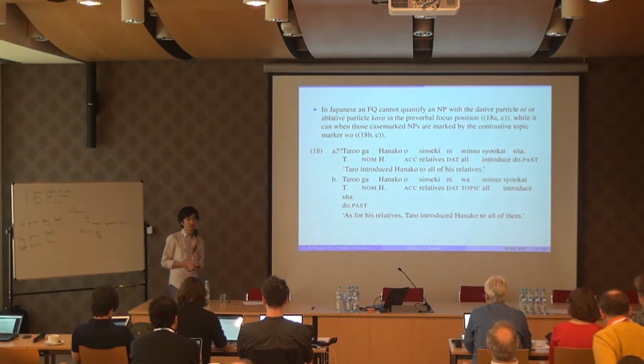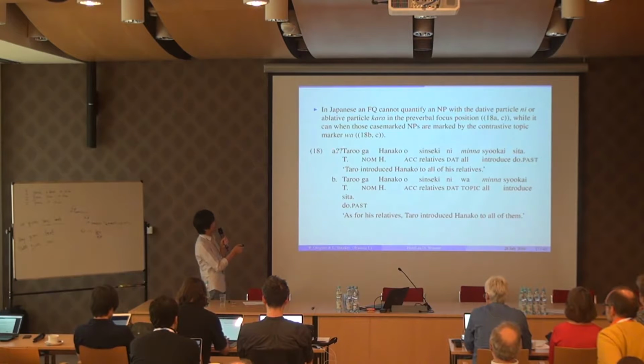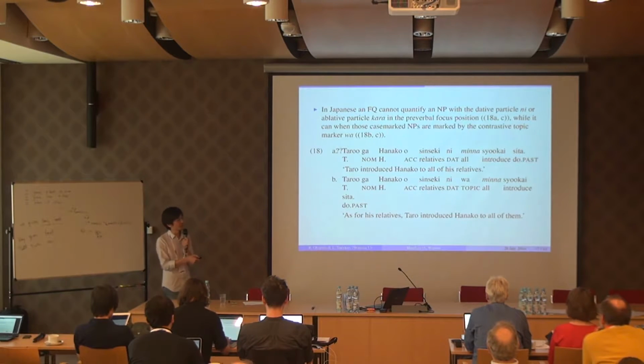The default interpretation for those NPs is focus. So with something like 18a, it's very hard to insert the floating quantifier between the dative-marked noun phrase and the verb, because this is a focus. It's very hard to interpret it as a topic, so you cannot establish topic, focus, background structure because of this dative-marked NP.